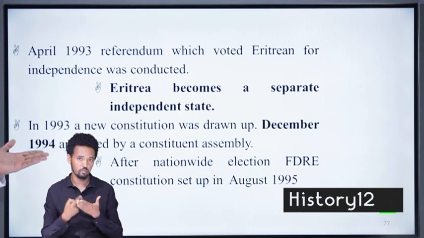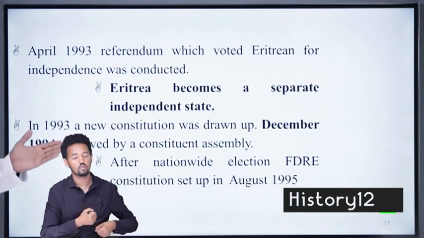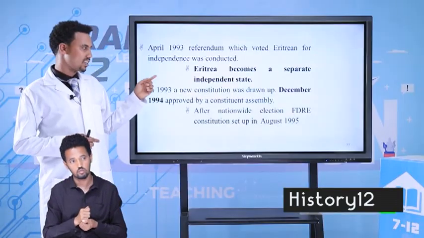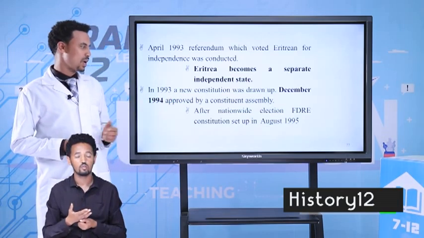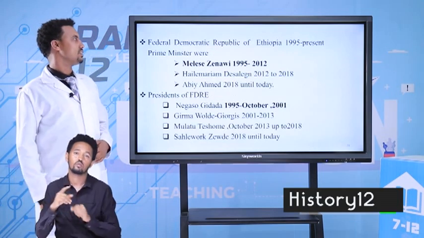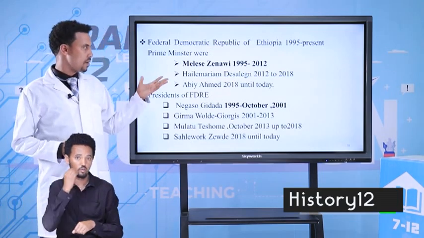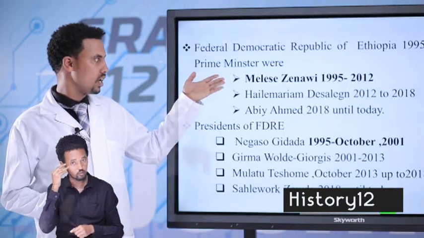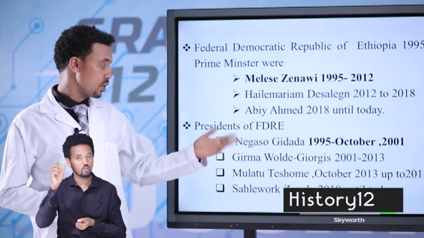In December 1994, it was approved by a constitutional assembly. After a nationwide election, the FDR constitution was set up in August 1995. Then the Federal Democratic Republic of Ethiopia was present. The Prime Minister was Meles Zenawi, the President of FDR Negaso Gidada, and Girma Georgis.